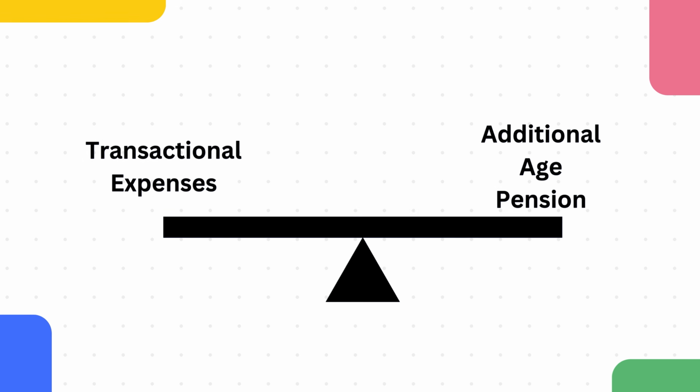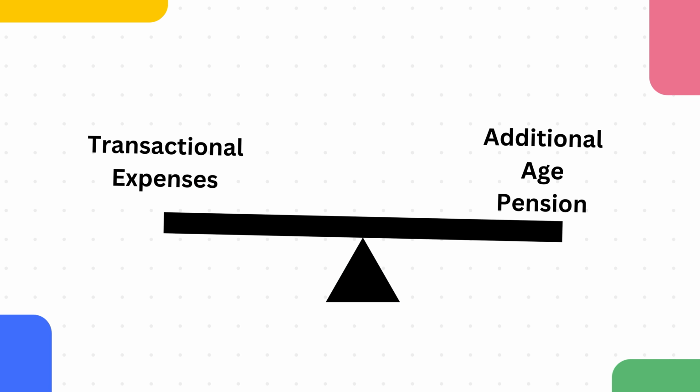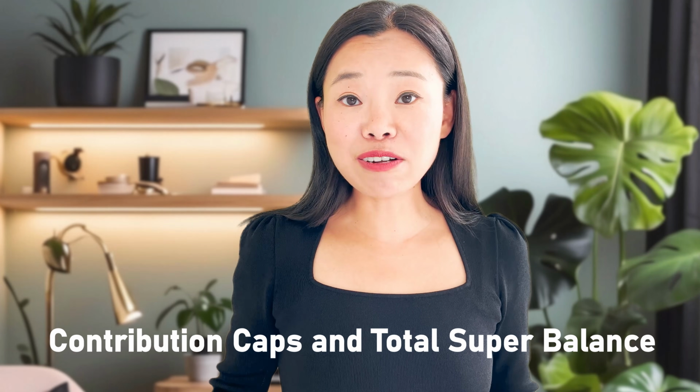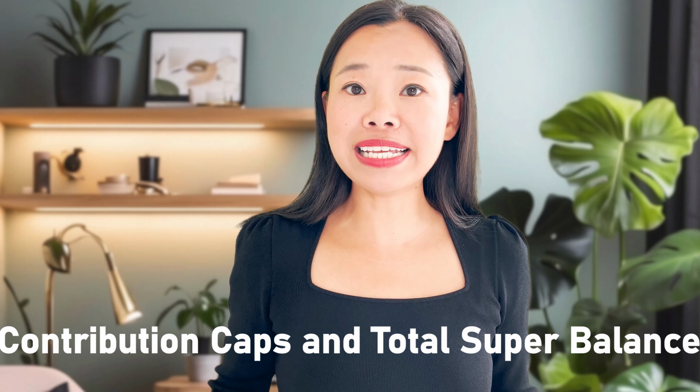Moving money often involves selling investments, which can lead to buy and sell costs or brokerage fees. Depending on the size of your investment and the fees involved, this cost could add up. You will want to carefully evaluate whether the financial benefits outweigh these transactional expenses. Additionally, contribution caps and total super balance matter.